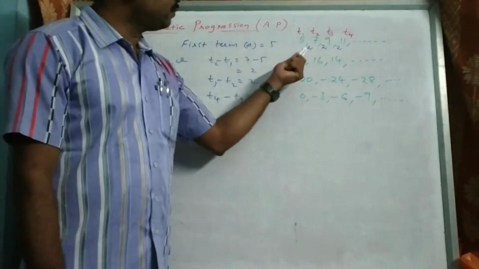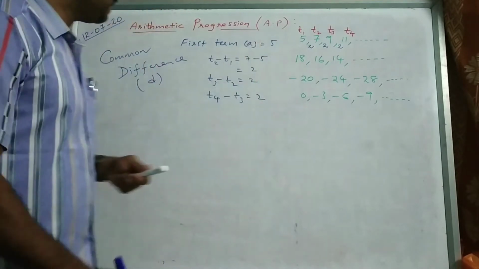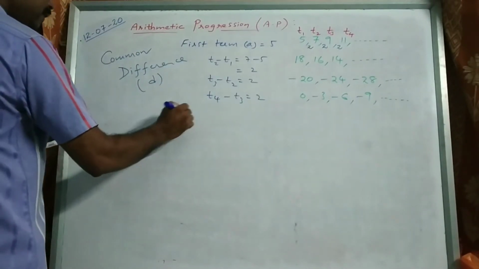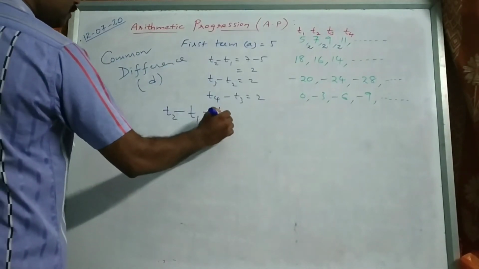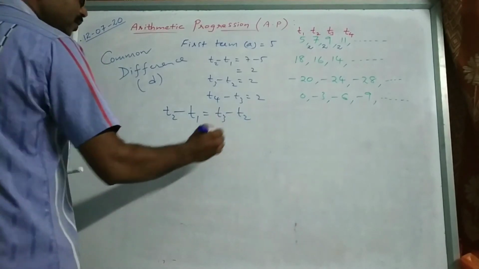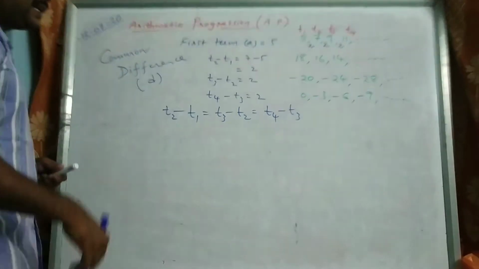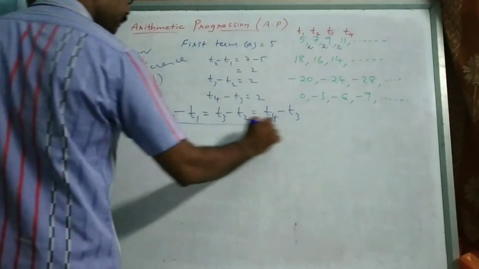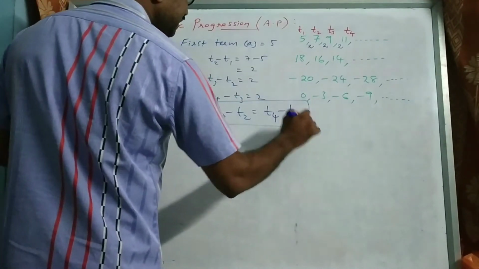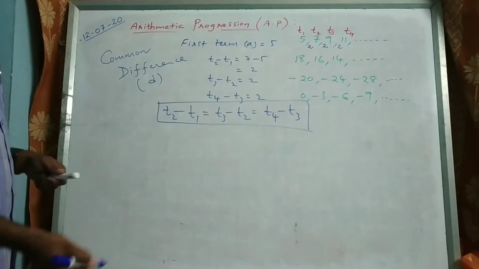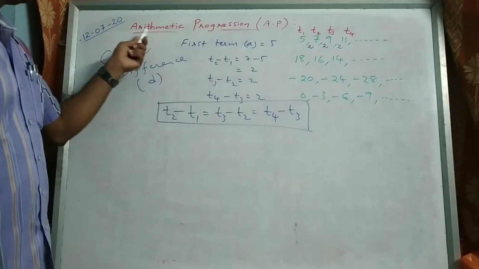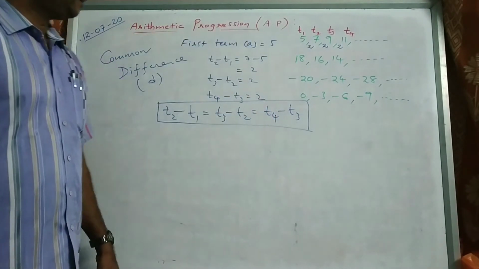The difference you find out here is the same, no? So T2 minus T1 is equal to T3 minus T2, which is equal to T4 minus T3. That difference is the same everywhere. The common difference is the same. Such a progression is called an arithmetic progression.